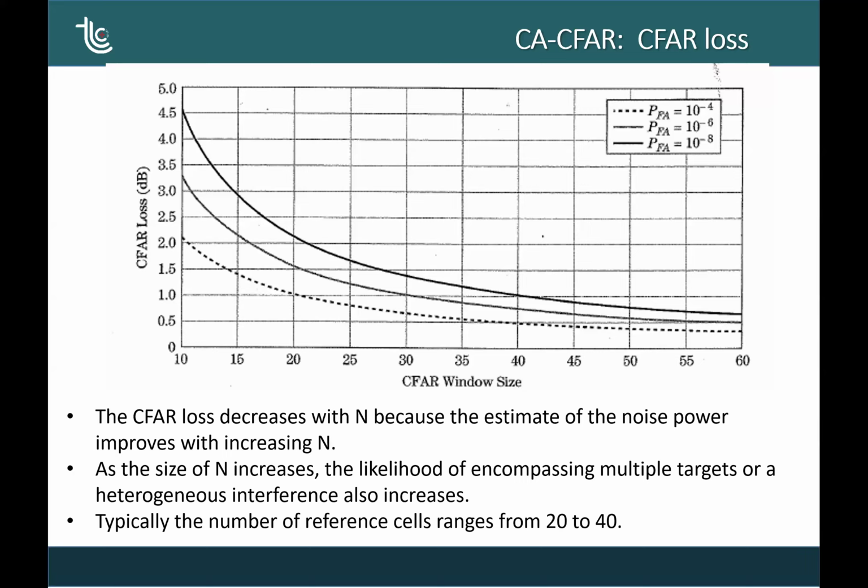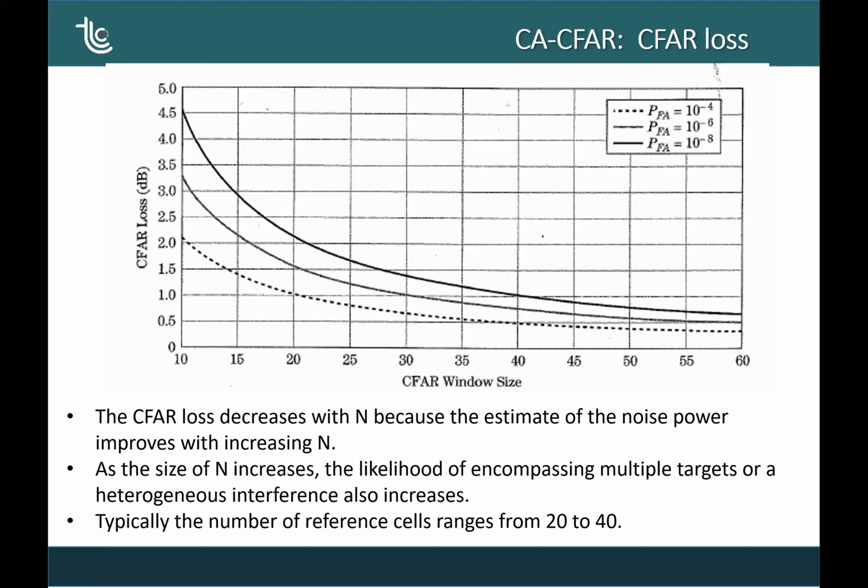And then you see that increasing the dimension of the CFAR window, so increasing the number of samples that we use for estimating the power, the CFAR losses decrease. I mean, this should be expected because increasing the number of samples that we use for estimating the power, the estimate of the power gets better and better, so closer to the true value of the power of the noise.